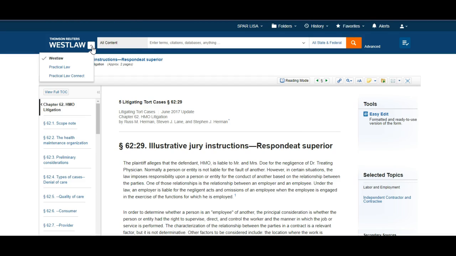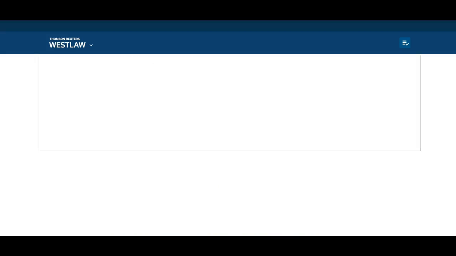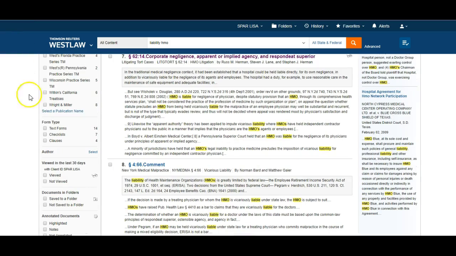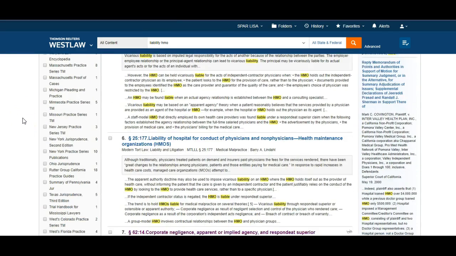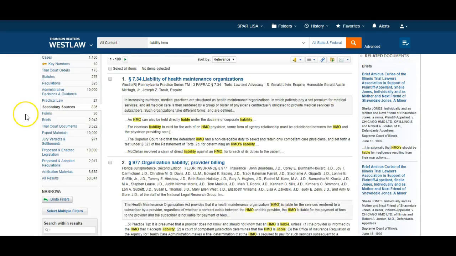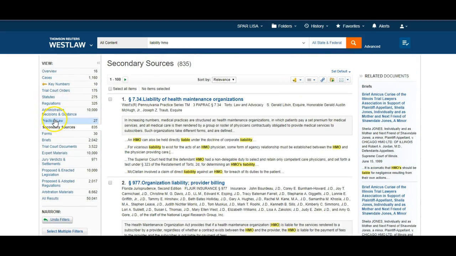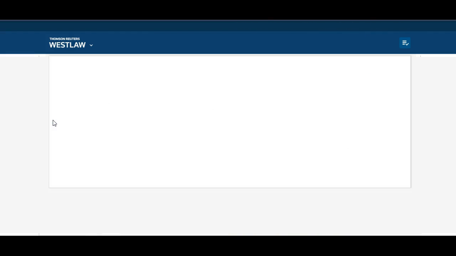So here on Westlaw, I'm not sure if you've encountered this, there's Practical Law and Practical Law Connect. I know a couple of you in your assignments have referenced using the Practical Law filter, which is great. It's just, as I said, another aspect. So here's the practical law filter.